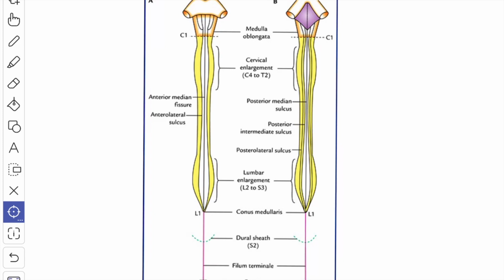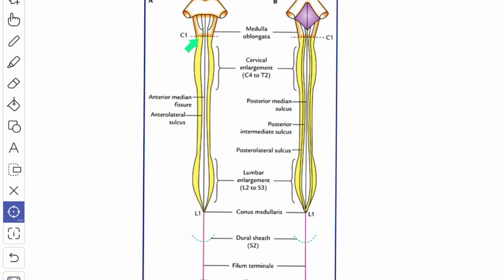The spinal cord measures about 45 cm or 18 inches in adult male and 42 cm in adult female, and it weighs about 30 gram. It extends as the downward continuation of the medulla oblongata. So this is the medulla oblongata.